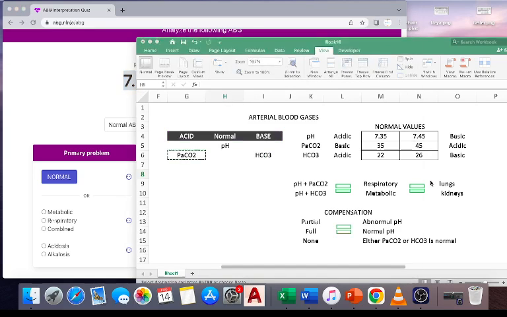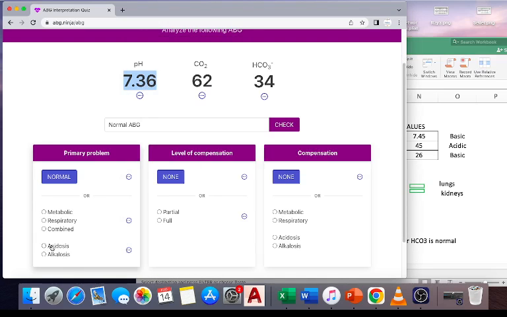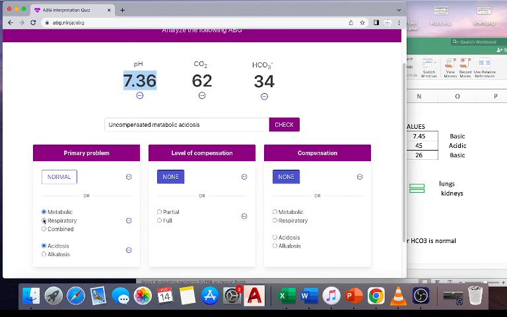It's leaning towards acidic. And what's acidic here? It's the CO2. So we would use acidosis. And since the acid is PaCO2, pH and CO2 means respiratory. So I would use respiratory acidosis.